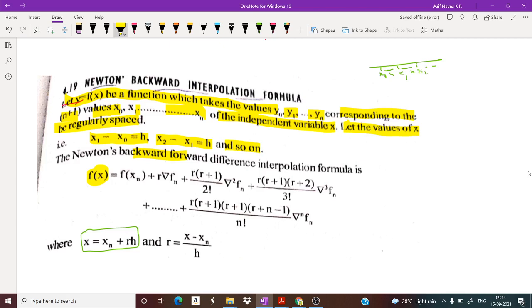Now Newton's backward difference formula is f of x equal to, here we are taking the xnth value, the last value, f of xn plus r into nabla fn. So here we are using only the last values.